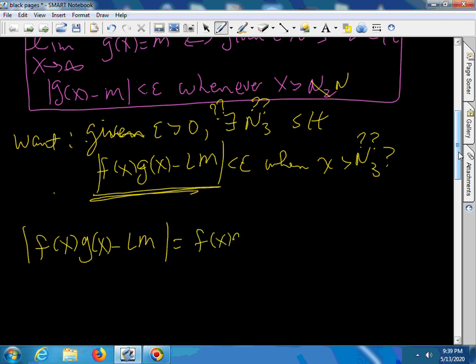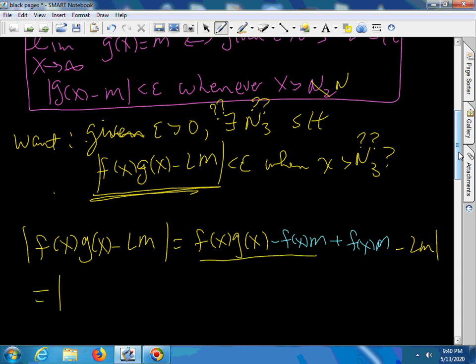This is the same as f(x)g(x), and then I will take away f(x)M, and then I'll add back f(x)M. Well, of course, that's 0. And then I take away my LM. There's a reason I did this, because when I factor out the f(x), I am left with g(x) minus M.